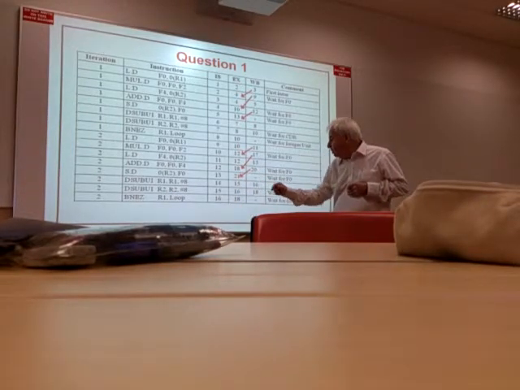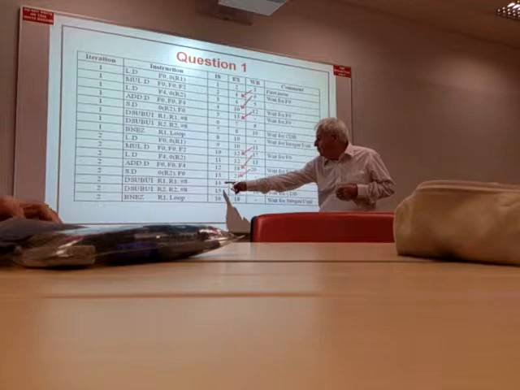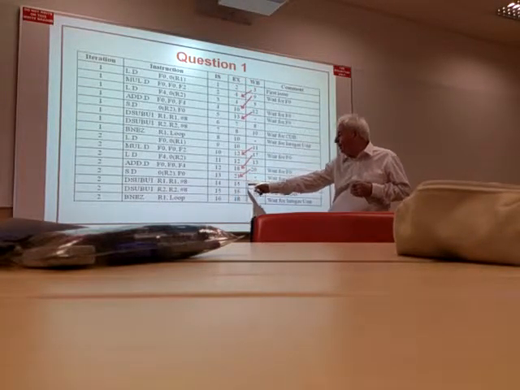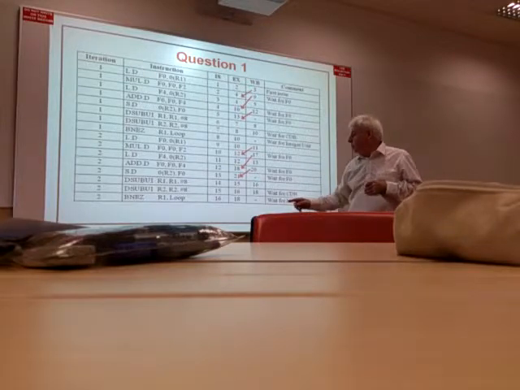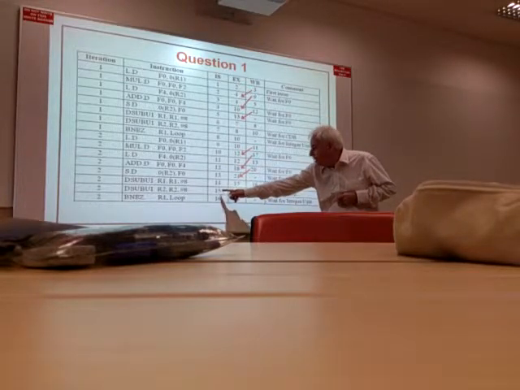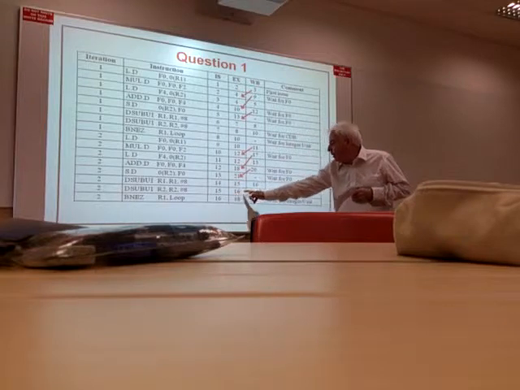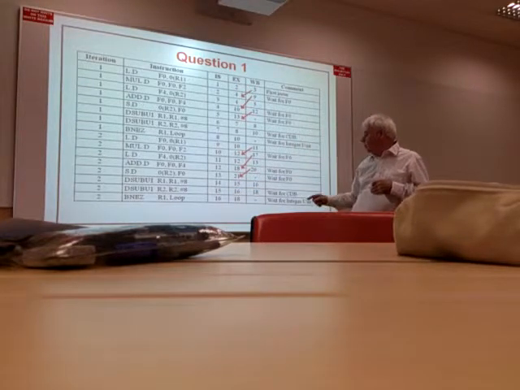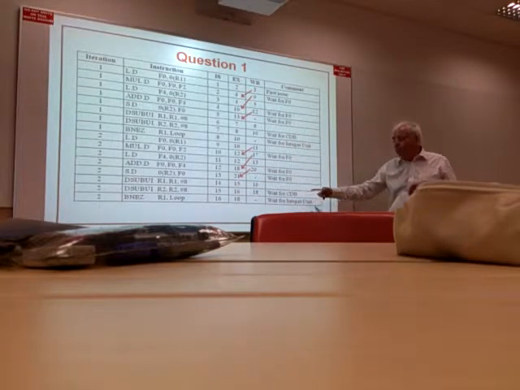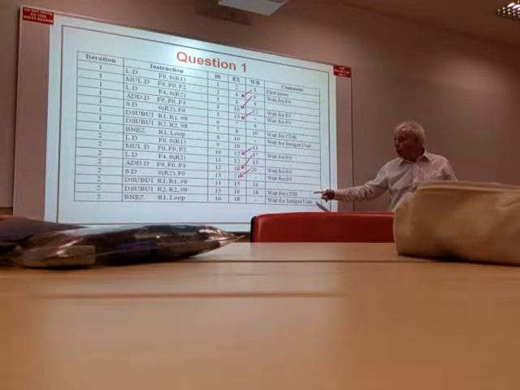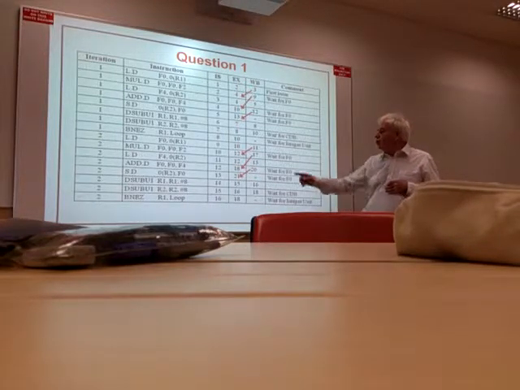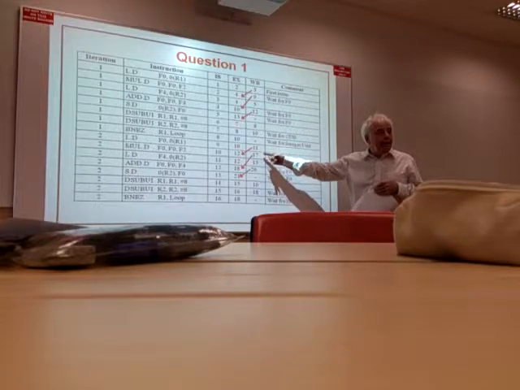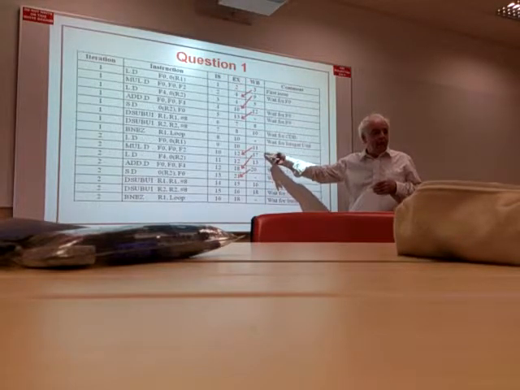And then we have the subtract. The first subtract is issued in clock cycle 14, executed in 15, write back in 16. The second subtract is issued in 15, execute in 16. But again, we have the problem that we cannot write back in 17 because this multiply operation is writing its result back in clock cycle 17, so the data bus is not available.